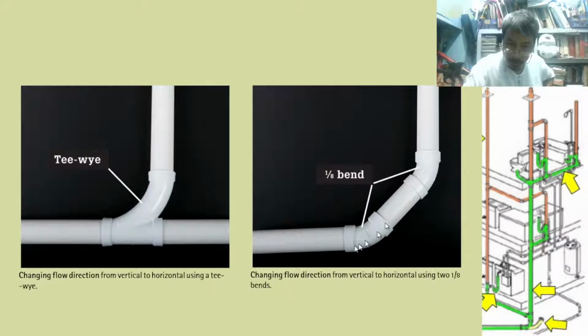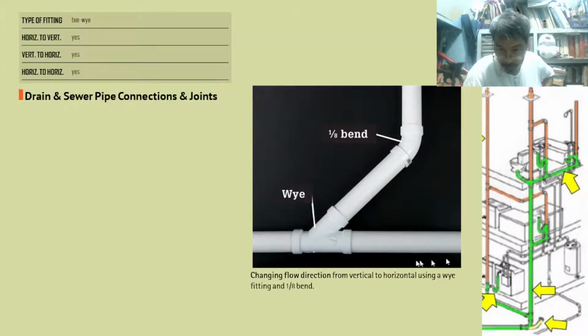As you can notice, there is a noticeable slope here. The slope here is not noticeable, but there is a slope here. This is not perfectly horizontal. There is a 2% slope here. You cannot notice it.